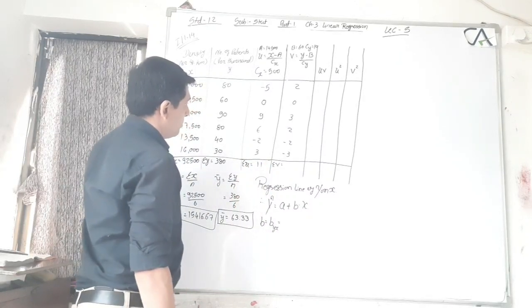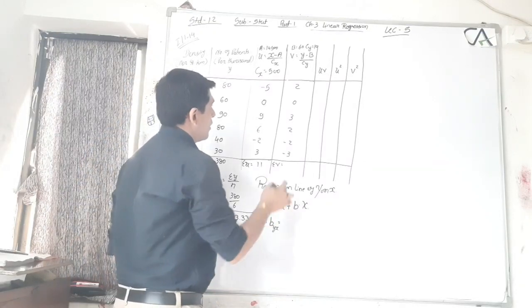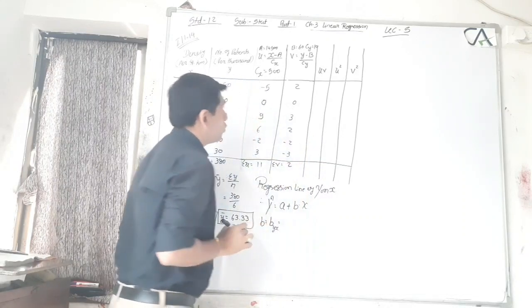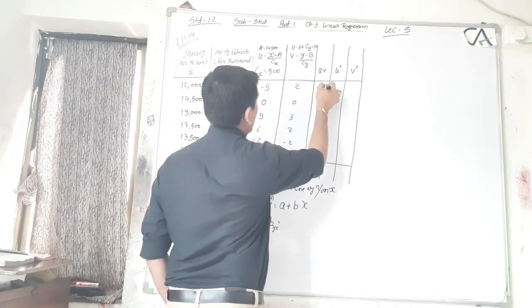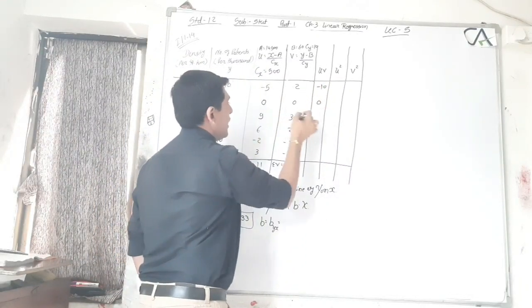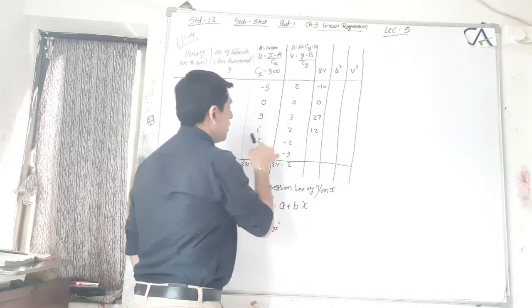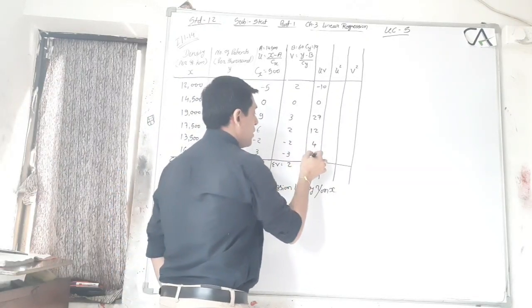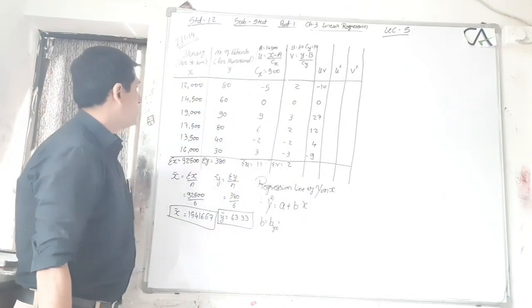It is 2. Now multiplication: 5 twos are 10, but minus 10 because minus times plus is minus, then 0, then 9 threes are 27, 6 twos are 12, 2 twos are 4, but minus times minus is plus, and here 3 threes are 9, but it is minus times minus.